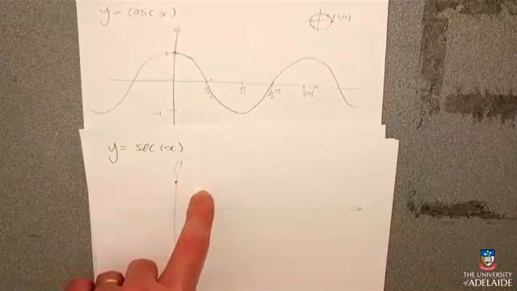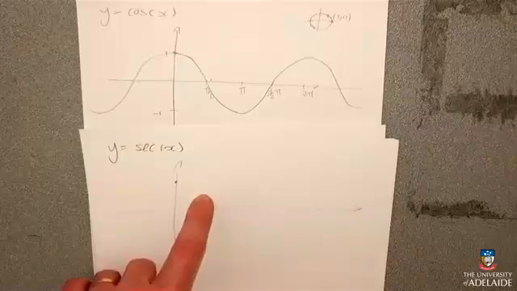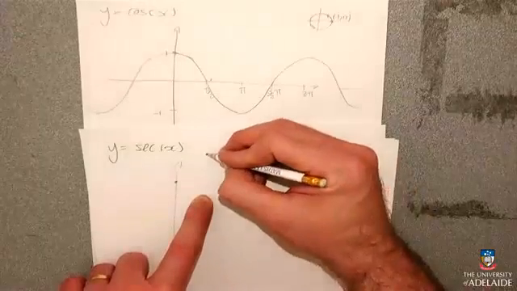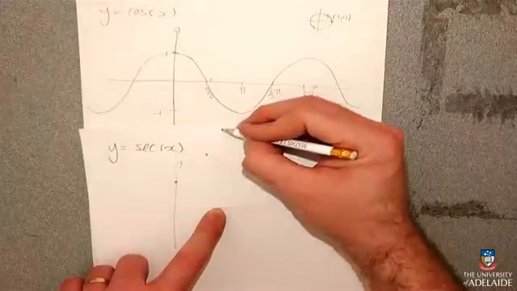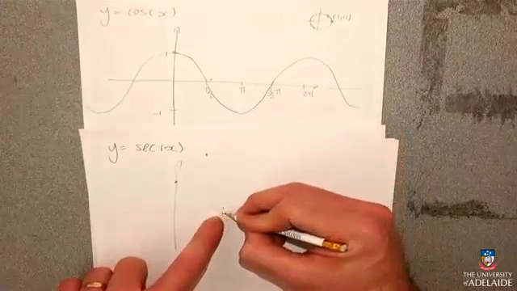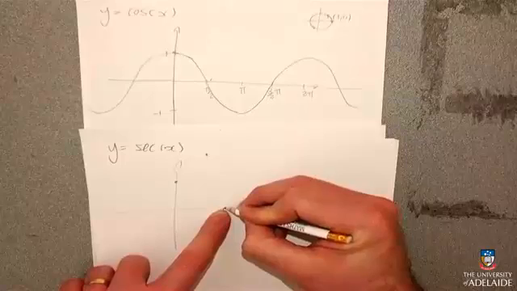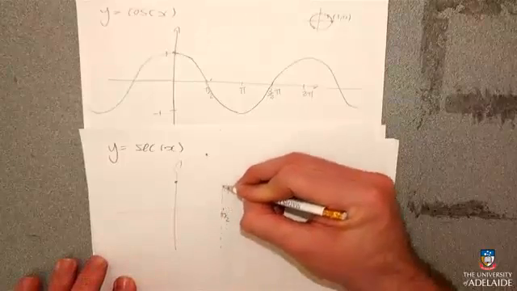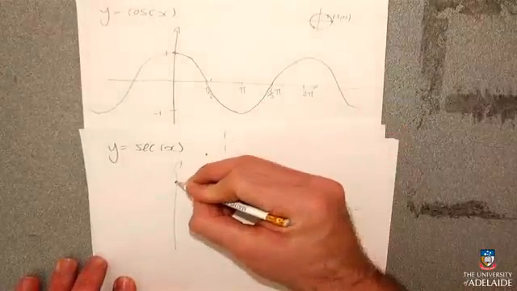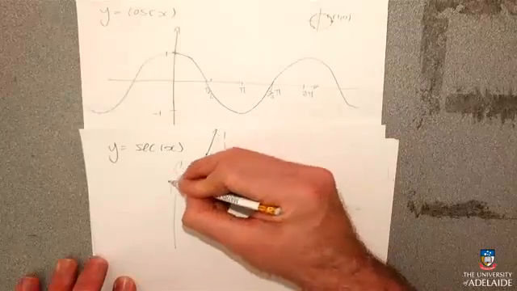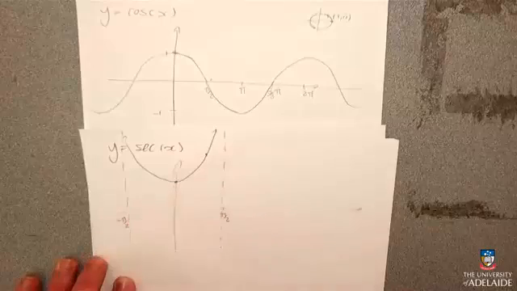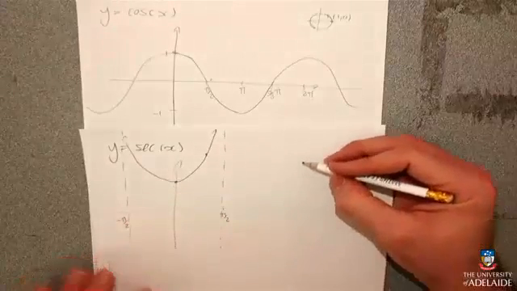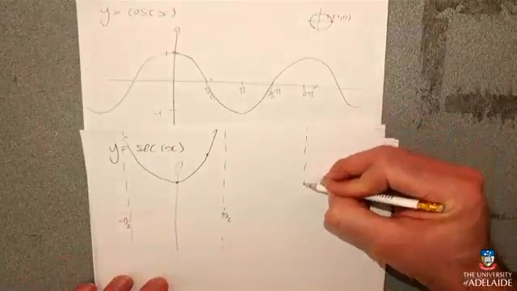And when we get down to here, when it's about a half, 1 divided by half is 2, and so it goes up to here. And 1 divided by a very small number is a very huge number. And here exactly at pi on 2, we're going to attempt to do 1 divided by 0, which doesn't exist. And so it's going to go like that. And then it'll happen again, only over the next zone it's negative.